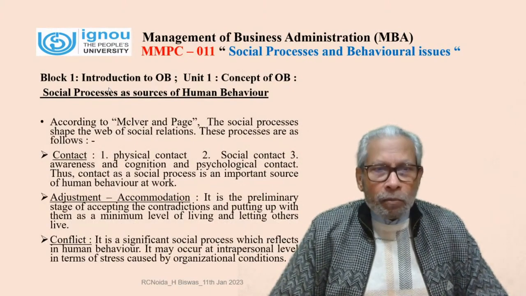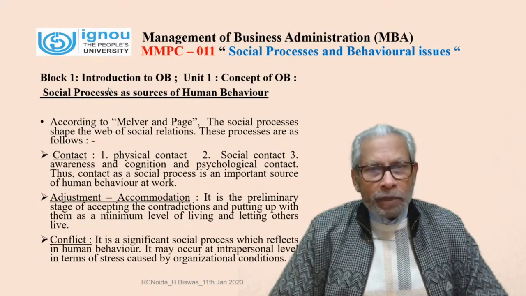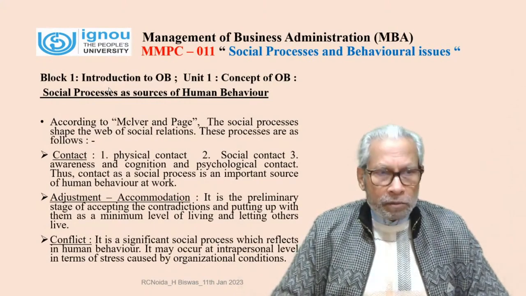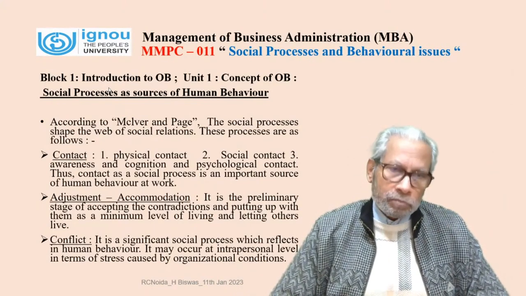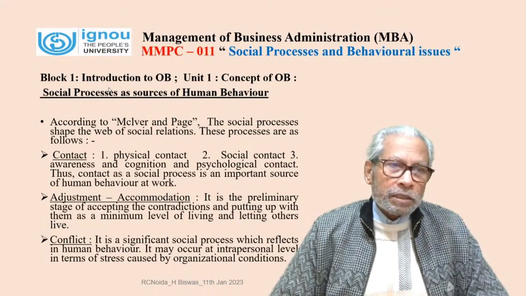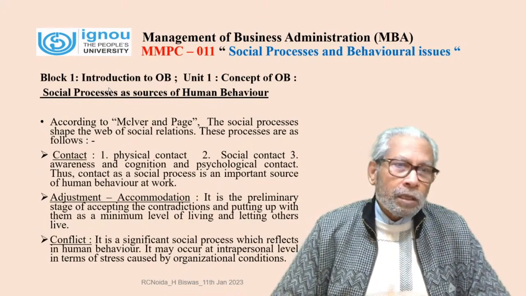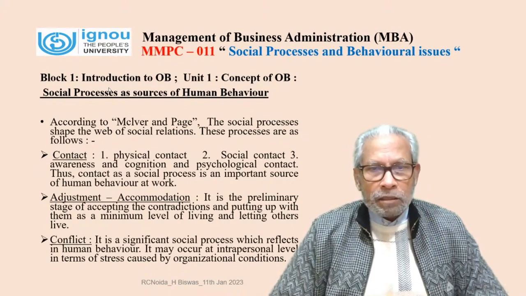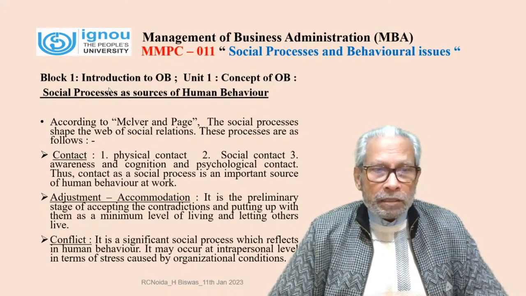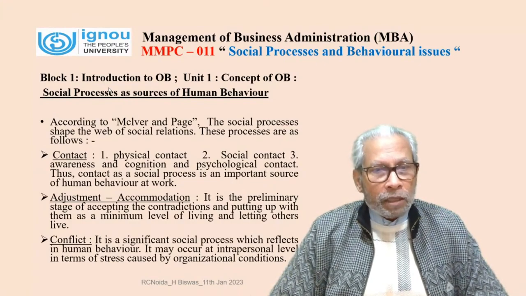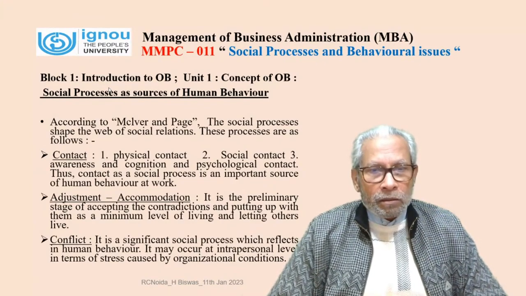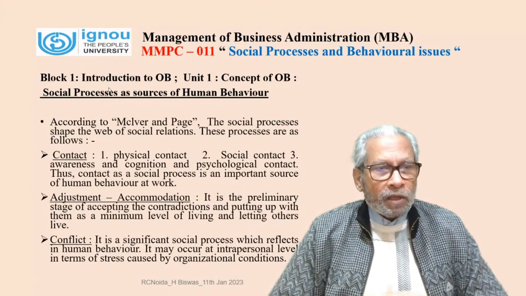According to MacIver and Page, the social processes shape the web of social relations. These processes are as follows: contact, which is basically physical contact, social contact, awareness and cognition, and psychological contact.